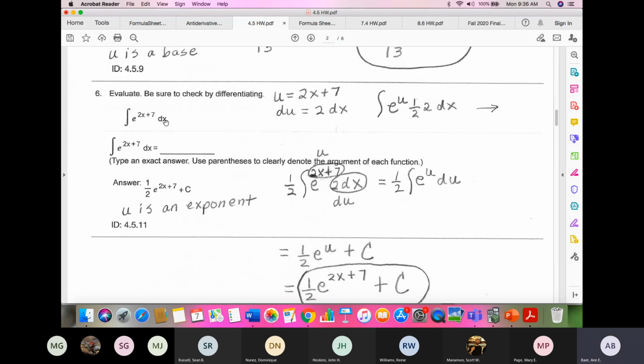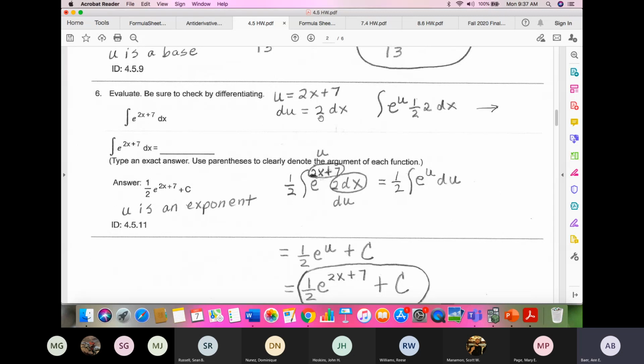And this dx, that x is a variable, so that dx is a variable. It means change in x, so it's varying. And that dx, we don't have on one side by itself, we have a 2 in front. So we have to do something additional before we convert to u's.